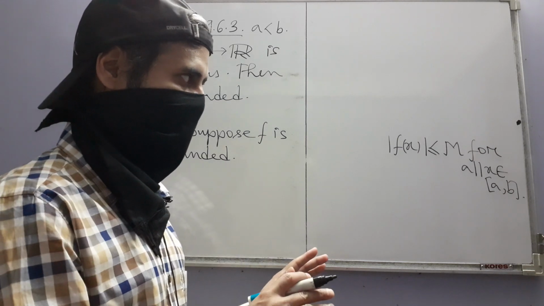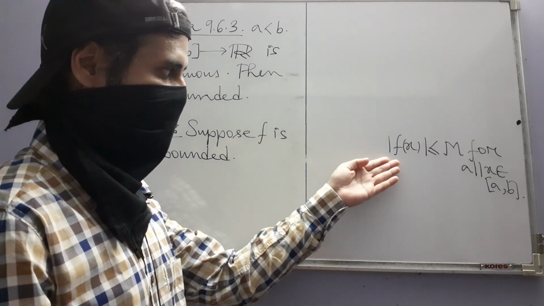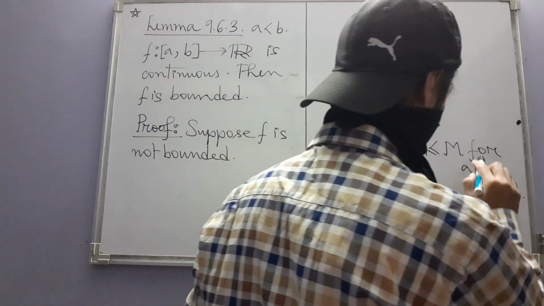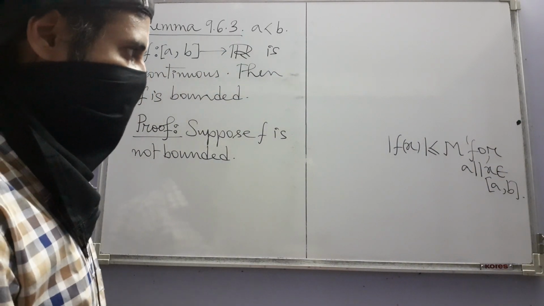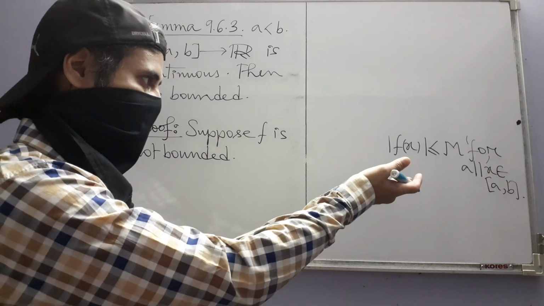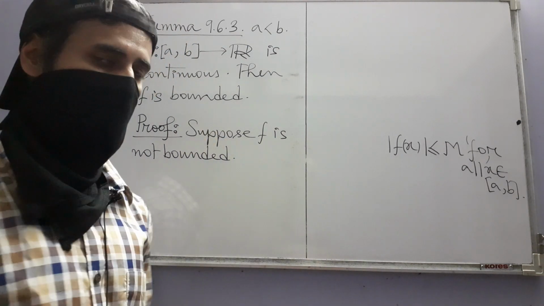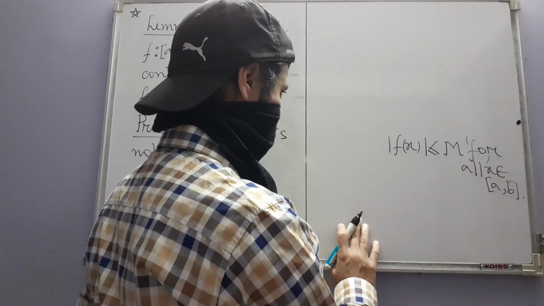Now look carefully that this is not a simple inequality, but rather it's infinitely many inequalities because there is a quantifier for all. So we should be rather careful in writing the negation of this statement, which is what we are supposing here. What is the negation of this?